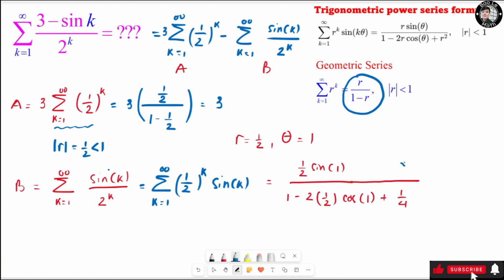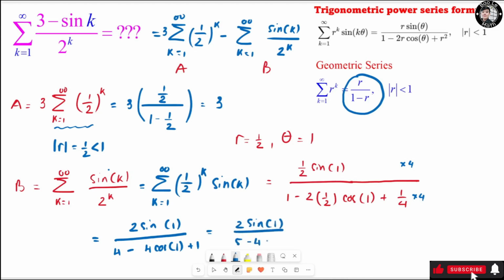Now I'm going to multiply the top and bottom by 4, so I'm going to end up with 2 sine 1 over 4 minus 4 cosine 1 plus 1. So it's going to be 2 sine 1 over 5 minus 4 cosine 1.